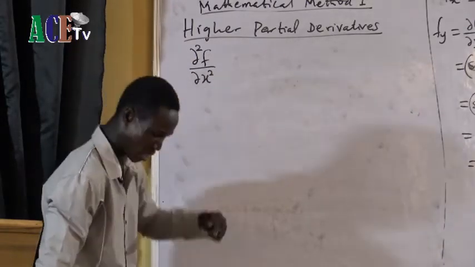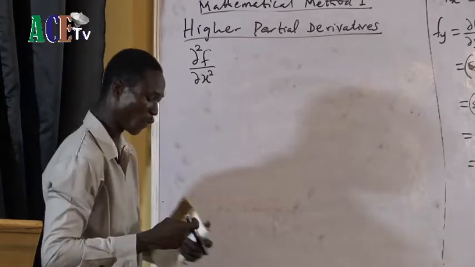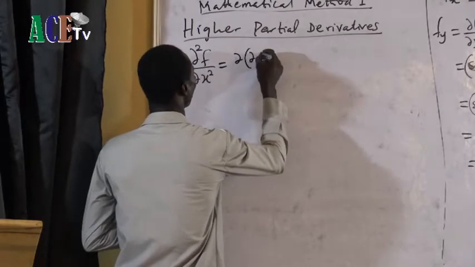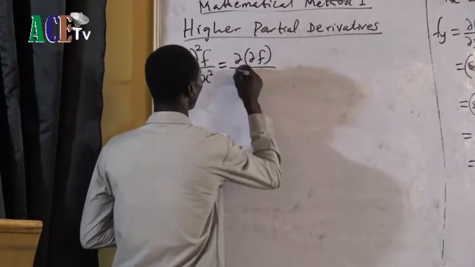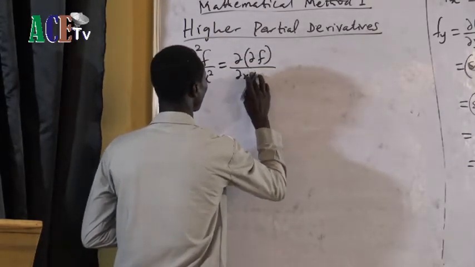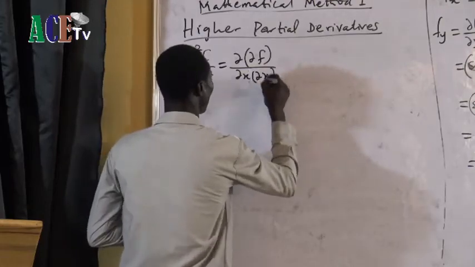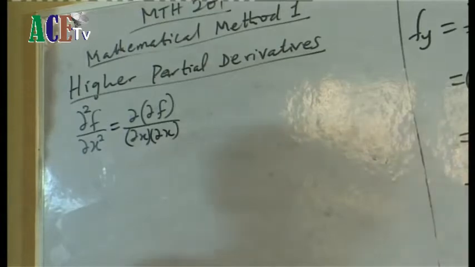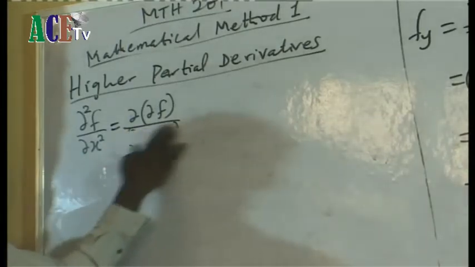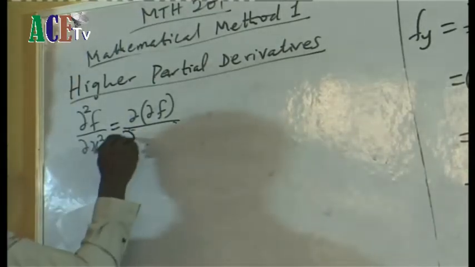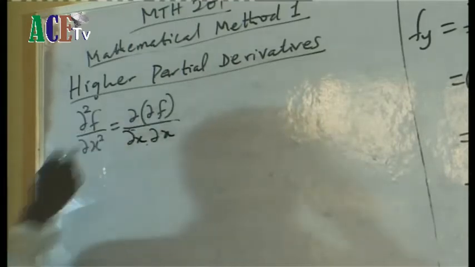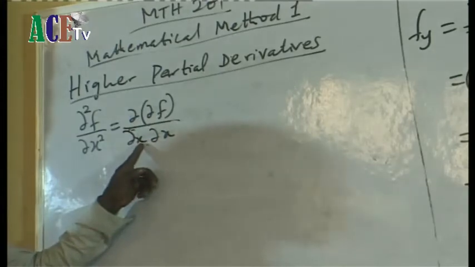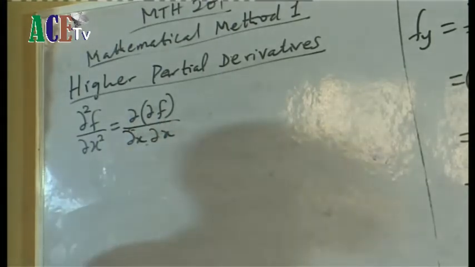Don't forget this means f_xx, and I may not even put a bracket. It means I first differentiate this function with respect to x, and then I still differentiate with respect to x.